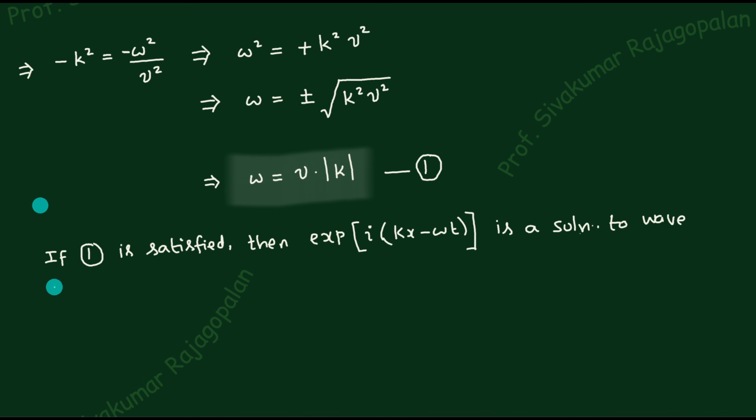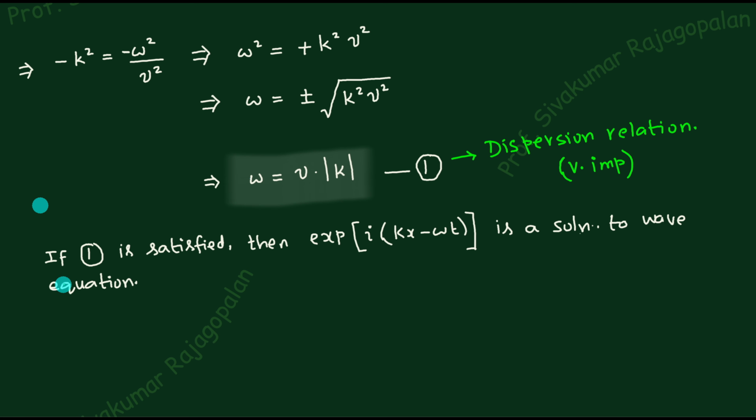That is our conclusion. Therefore, equation number 1 happens to be an important equation. You cannot forget it. Because it is very important, practically also, this equation is known as the dispersion relation. Dispersion relation means it is the relation between omega and k.